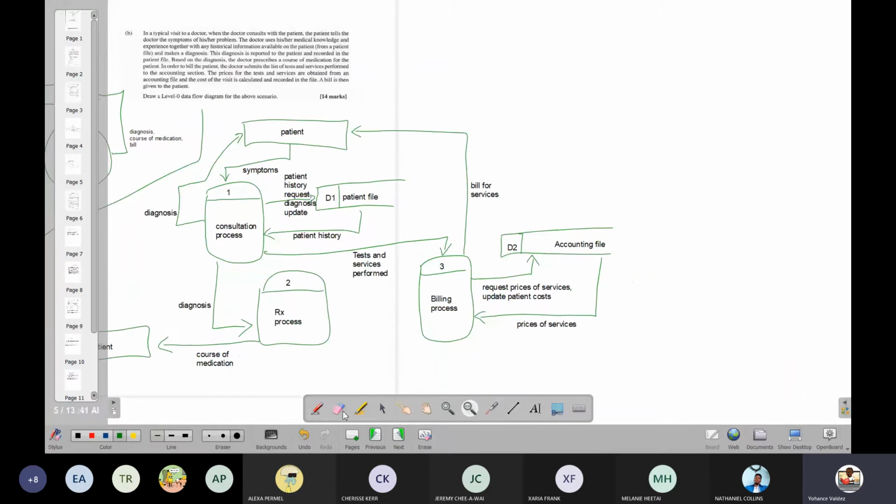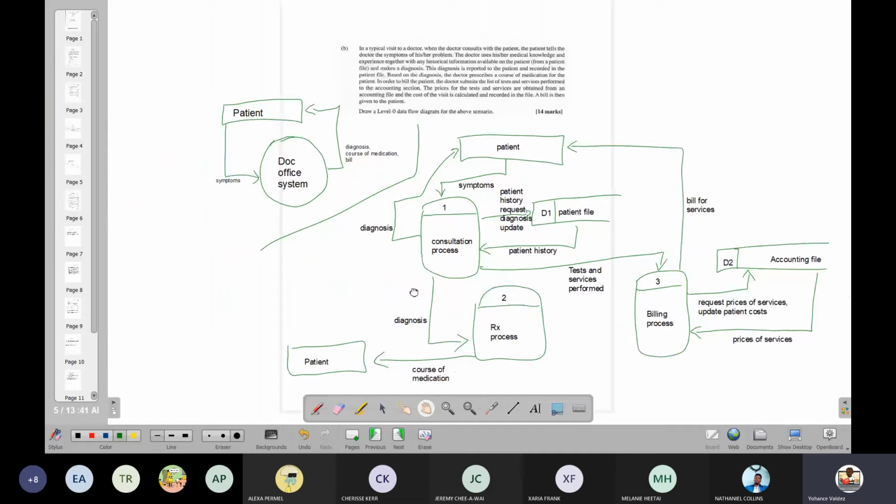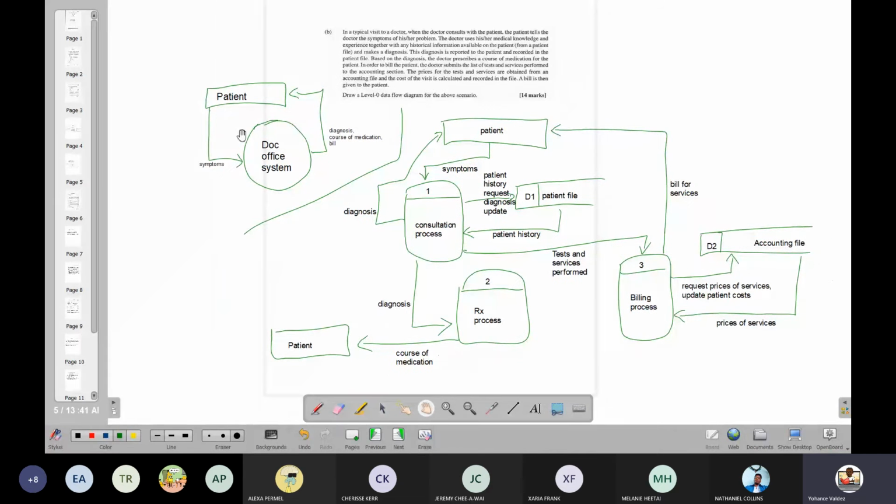So let's check and see if this DFD is the same as this here, right? We had the patient putting in the symptoms. That's something coming from here. We have the diagnosis coming out. That's coming out of the consultation process, right?